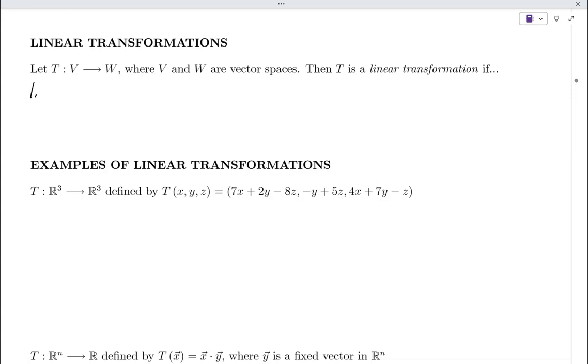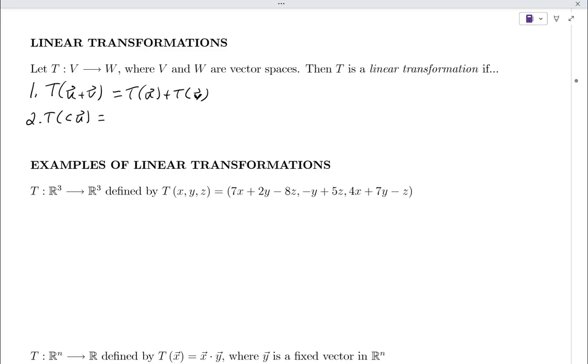The first one is that, I'll call it u plus v. If I do the transformation of a sum of two vectors, what would you like to have happen? Yeah, you'd like it to break up over the sum, right? T of u plus T of v. The other thing is that if I have a constant times a vector, what would you like to do with the constant?